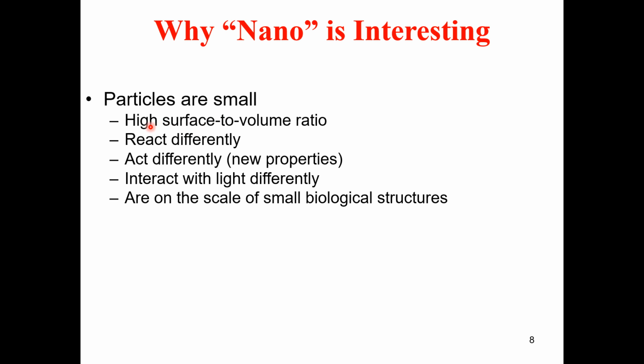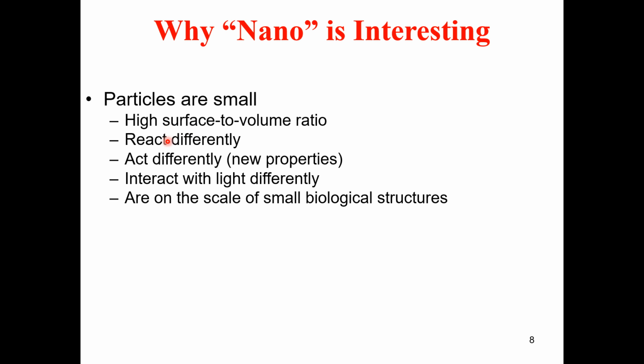So what does it mean? It means that these materials react differently. How do they react differently? When most of the atoms are lying at the surface, they are exposed to a larger environment as compared to their bulk counterpart. So it would definitely result in reactivity.